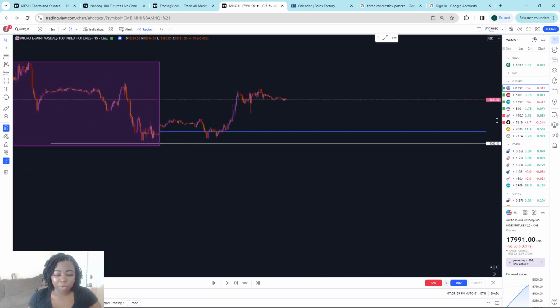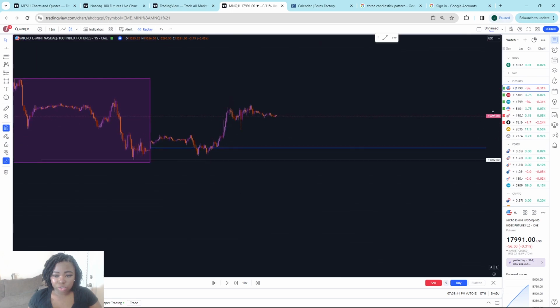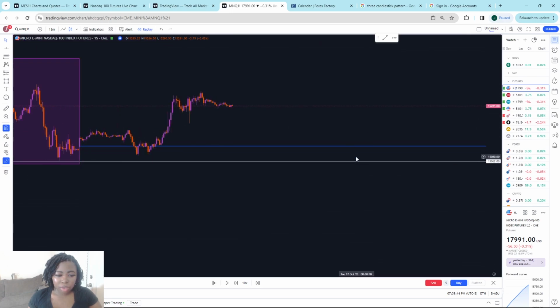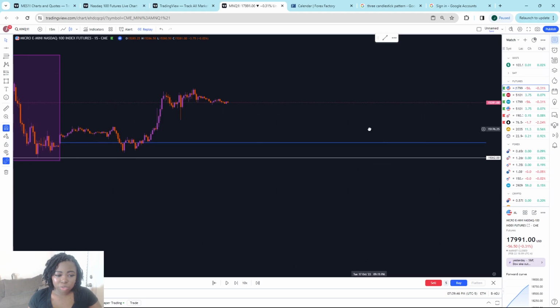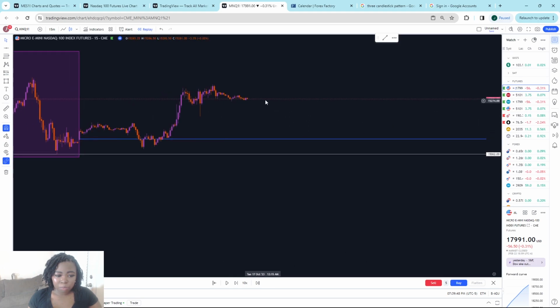Before I take any sort of entry, what I'm looking for on the 15-minute is some sort of confluence, something to tell me that price could potentially be going to this area, whether that's it maybe manipulating, going out and taking out this liquidity right here.